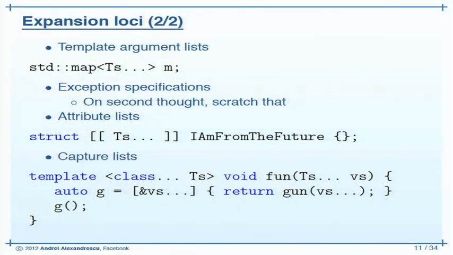Finally, capture lists, and this is actually very interesting. Let's take a look. So we define a Variadic function fun. It takes these Vs, and guess what? I define a lambda that decides to capture the entire parameter list of fun, whatever it was. 0, 1, or more values, right?